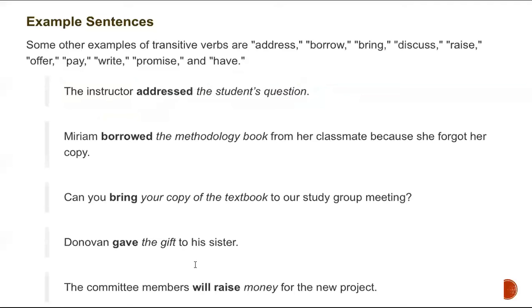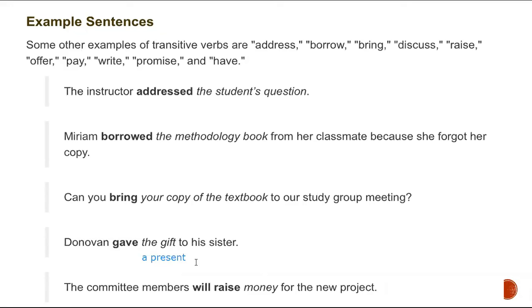We have just this: Donovan gave a present. Donovan gave a present. Okay, I will put it here down.